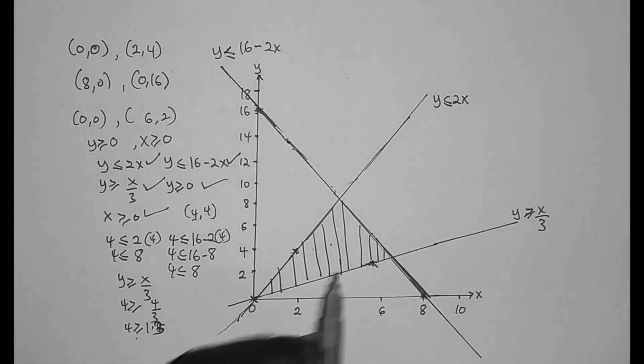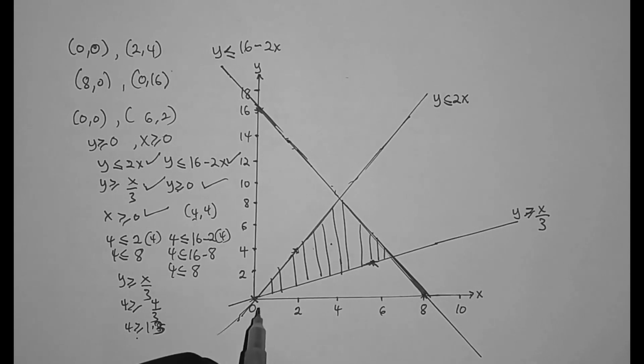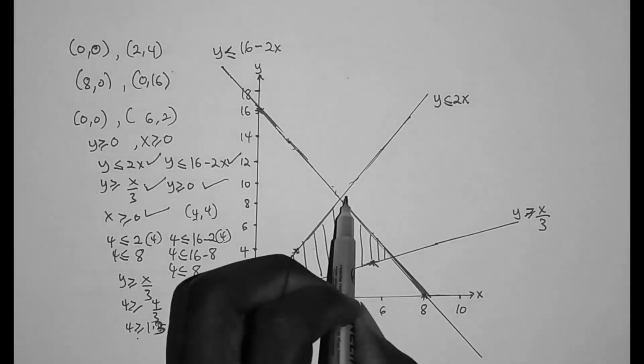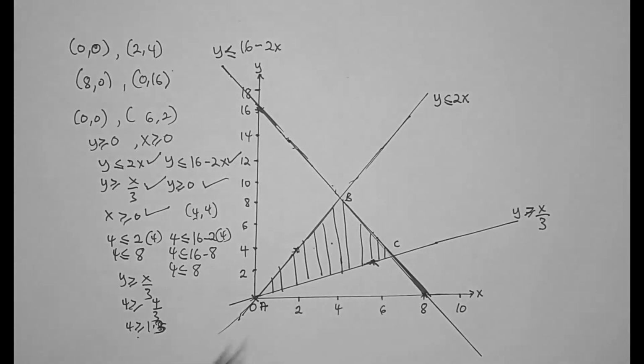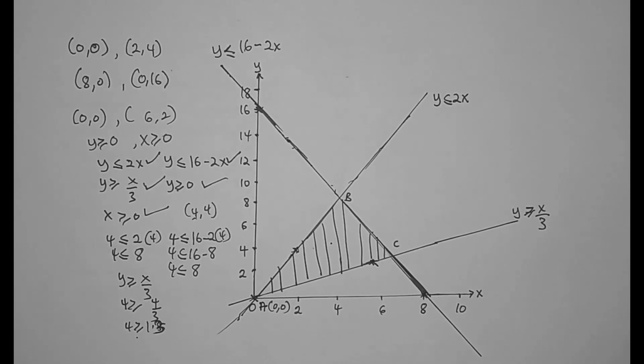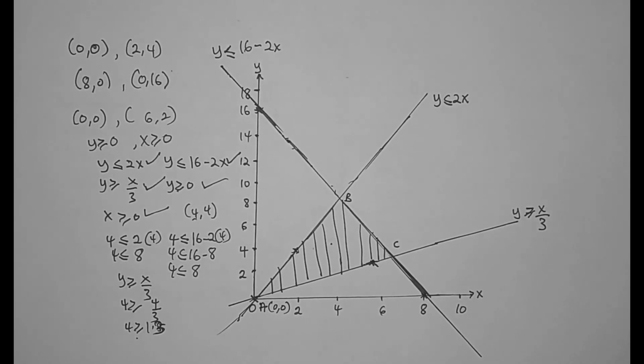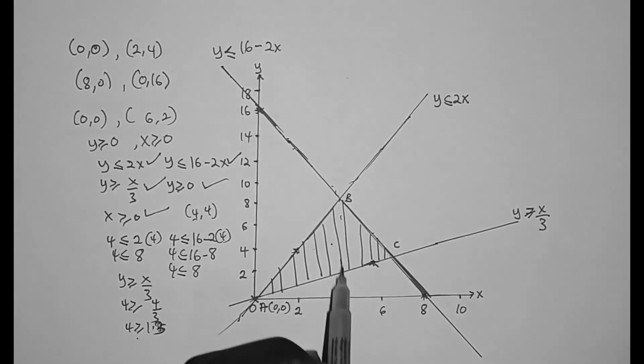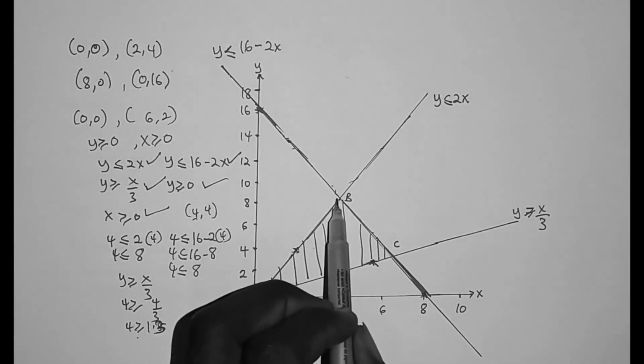So this is the required region. So let's label the points. This is A, this is B, and this is C. So we know that A is 0, 0. What is B? See that B is somewhere 4 and then 8.